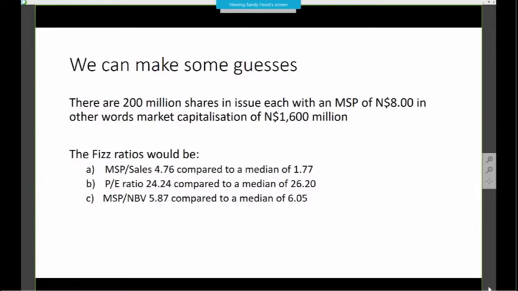But the PE ratio of 24.24 compares reasonably similarly. So we look along the right lines, and the market share price to net book value, which is a bit below the median, again, probably recognizing that the market itself probably doesn't rate them fantastically highly.